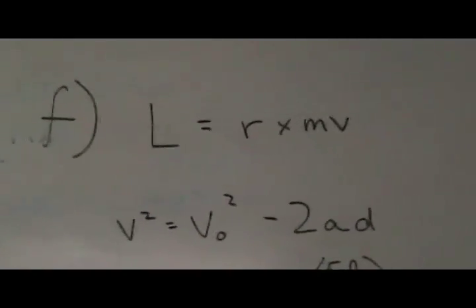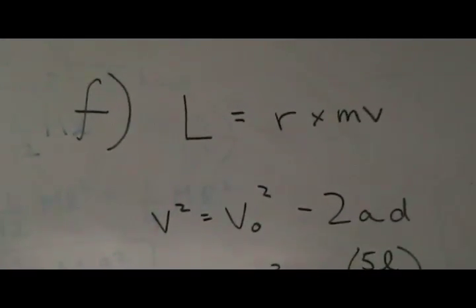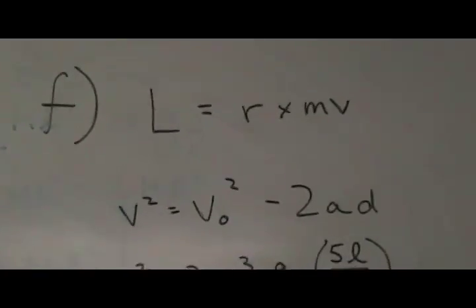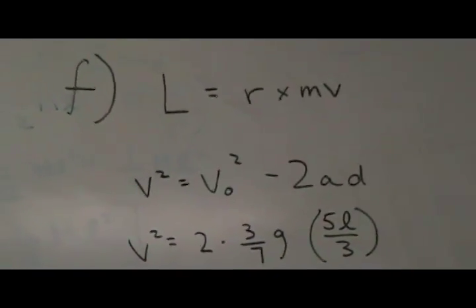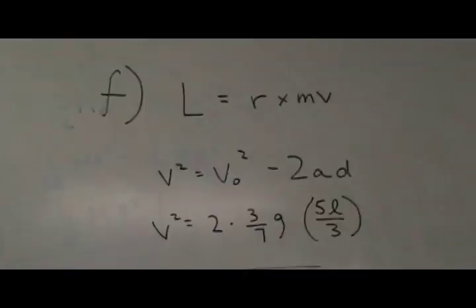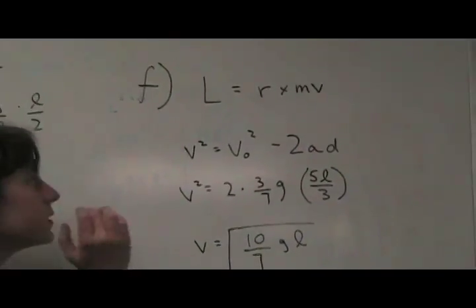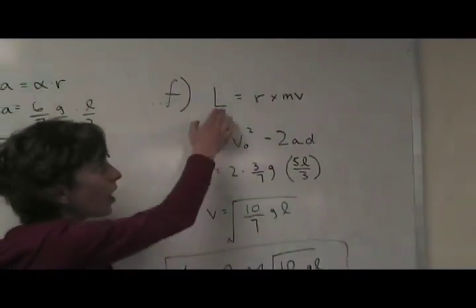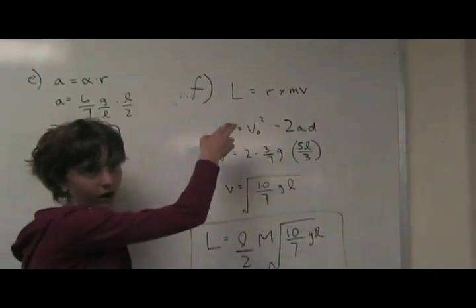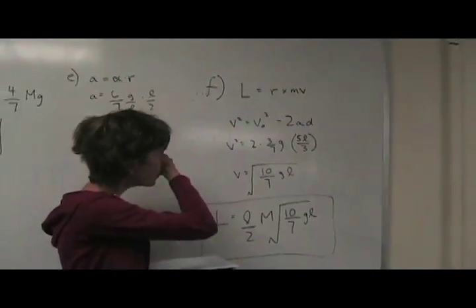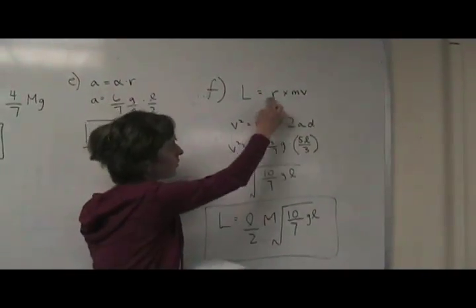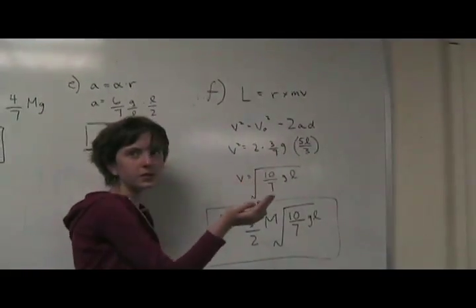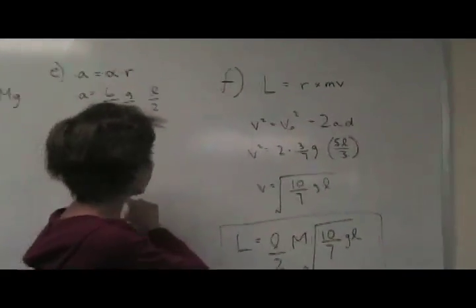The final part asks for the angular momentum of the cat around point P at the moment that the string has dropped 5L over 3. So the expression for angular momentum is R cross mv, or R cross linear momentum. We know R, we know m, we don't know v, but we can find it because we know linear acceleration.